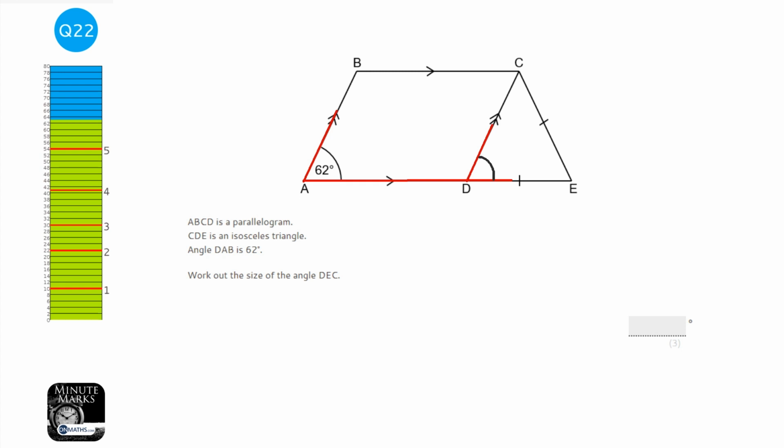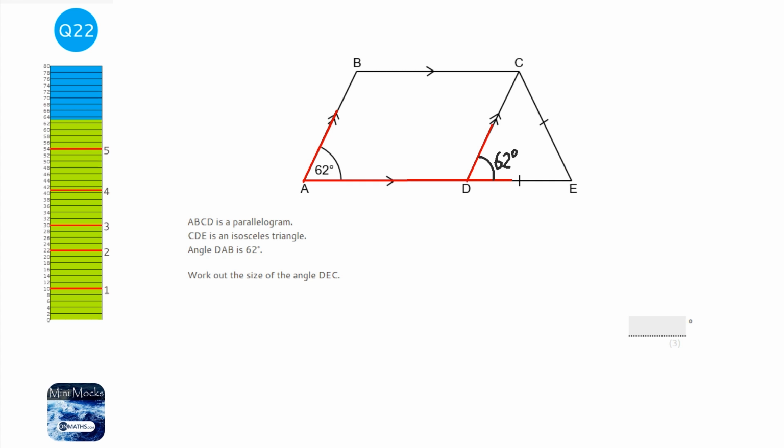The reason why I've highlighted what it's called is, although on the website and on Maths you're not asked to write down the reason for it, in the exam you will have to write down the reason for why this is 62 degrees. And the reason is because they're corresponding. I remember the Z angles as alternate.